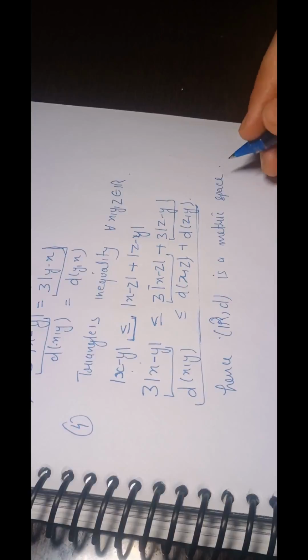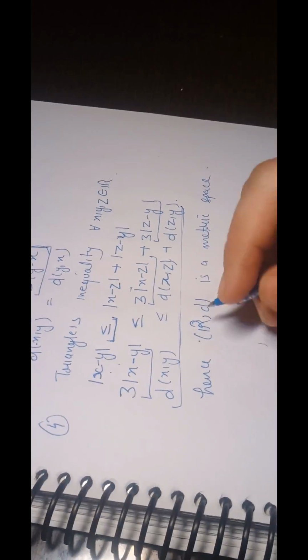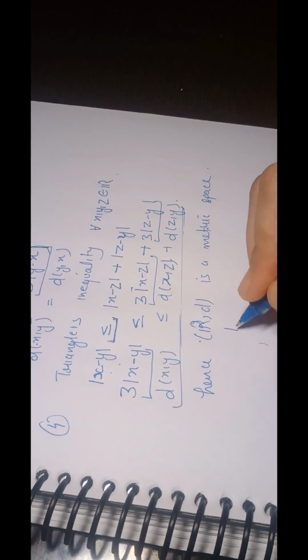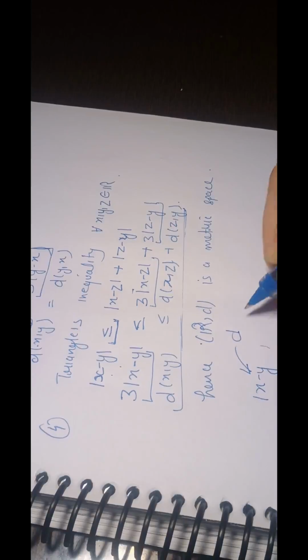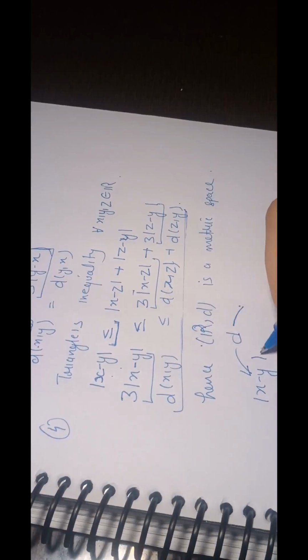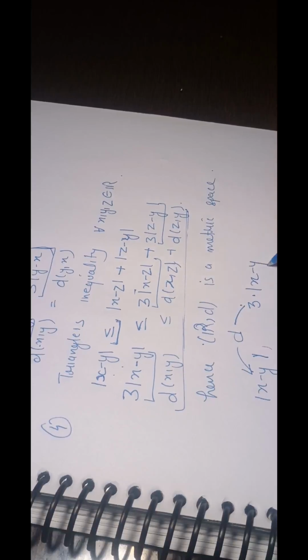So we have done two metric spaces. We have defined two metrics on R. First one was mod of x minus y, and second one was 3 times mod of x minus y.